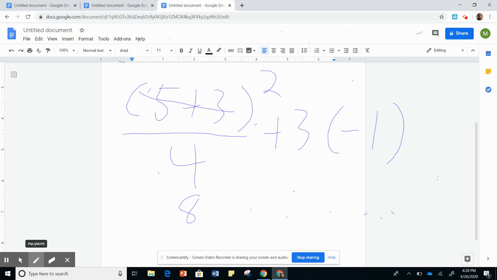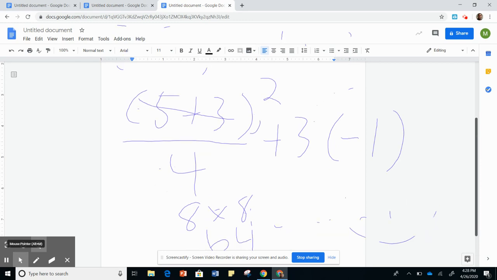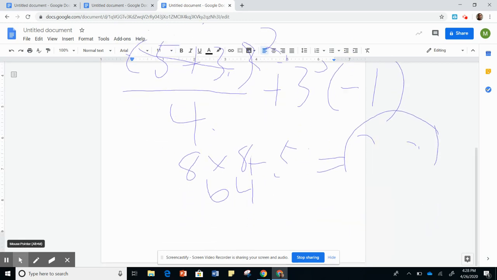We have to square the 8. So 8 times 8 gives us 64. And so now I'm going to come back up to this part here. So now with the 64, let me erase some of this part here from the last problem.